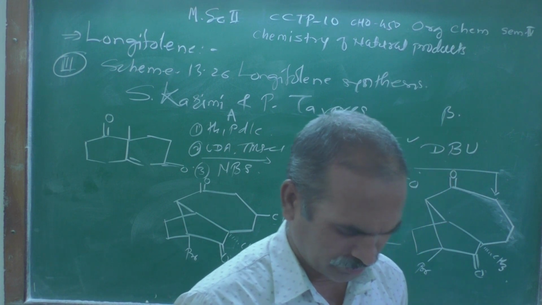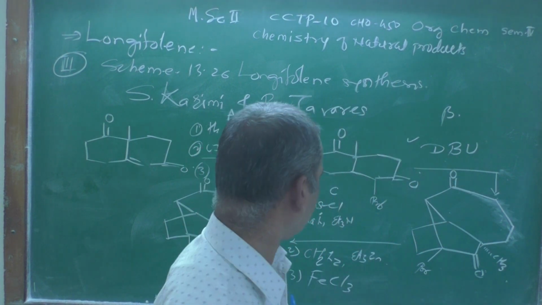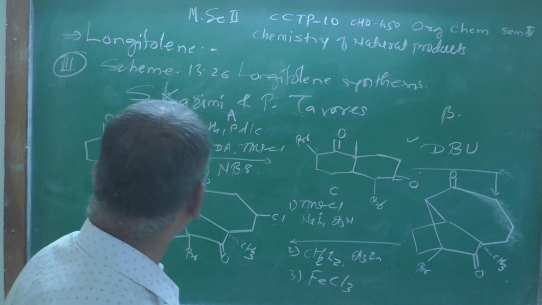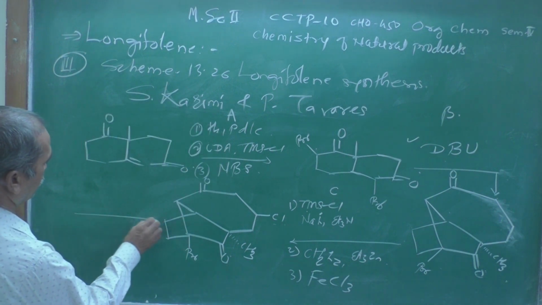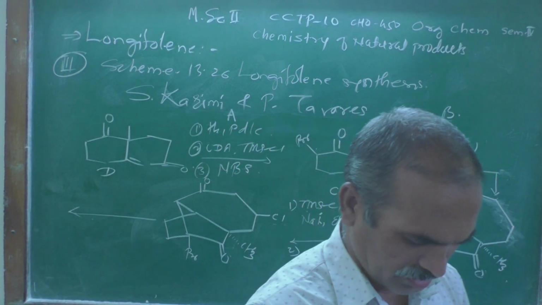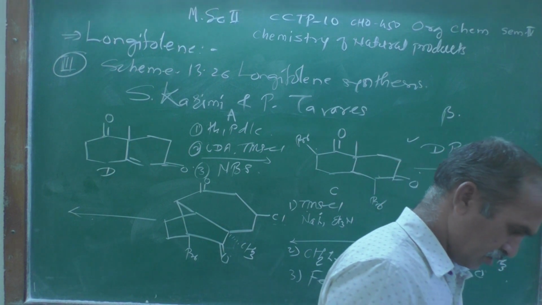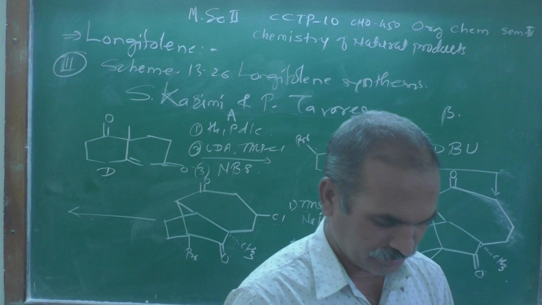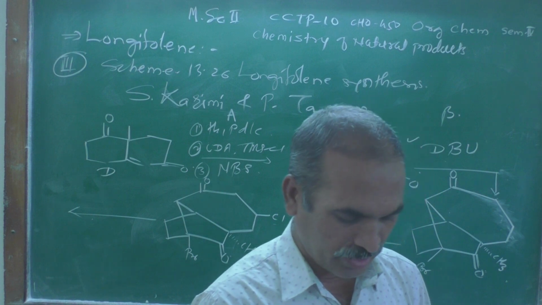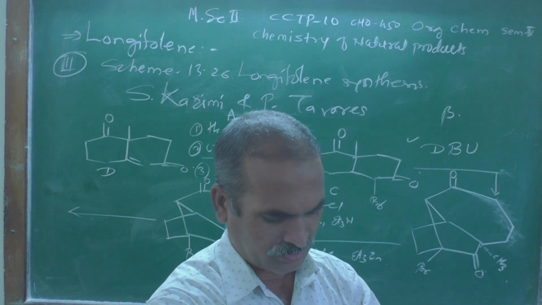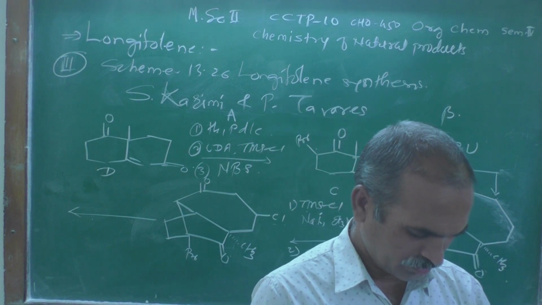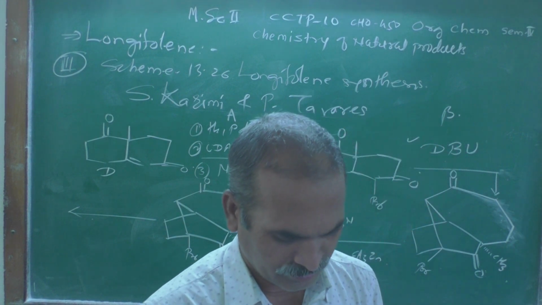And after that, when all this is added here, the D reagents are sodium acetate, then H2 in presence of palladium on charcoal, then triphenyl, that is a Wittig reagent.